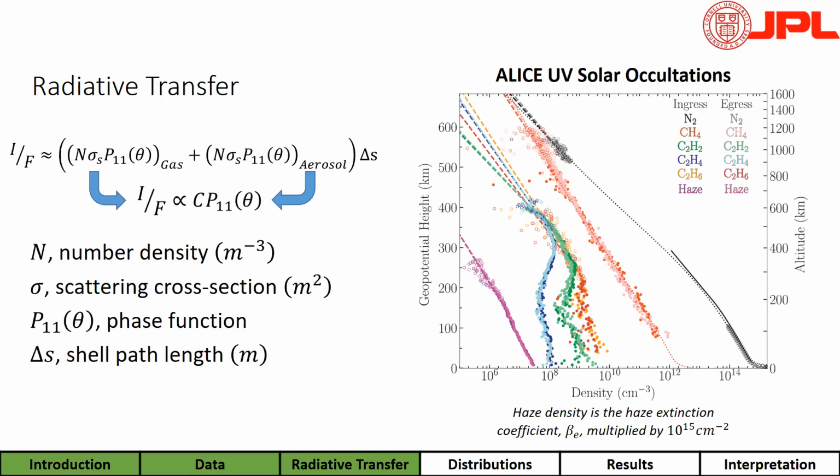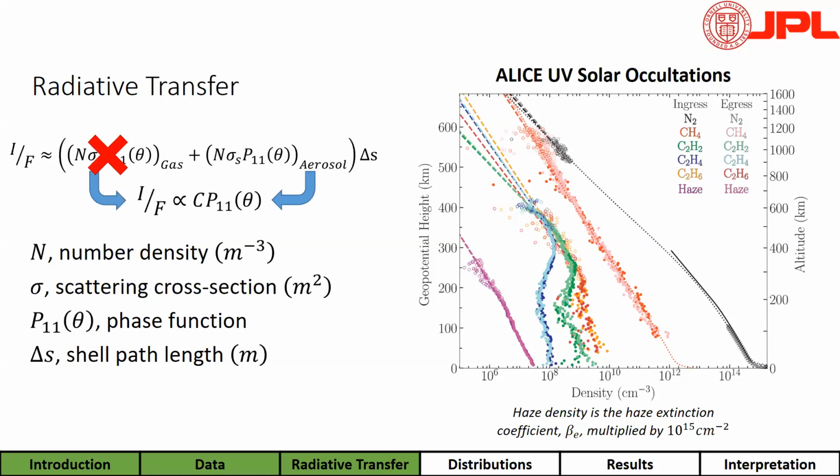But this amount of nitrogen and methane, even at the lowest part of the atmosphere where the abundance is at its highest, only accounts for 10 to the negative 4 in our brightness. So we can ignore the gaseous component. So all of the brightness that we observe from the limb scatter is due to scattering by aerosols. That means that our phase curves are completely produced by these aerosols, and we can uniquely describe the aerosols without having to worry about any of these other components muddying the waters.